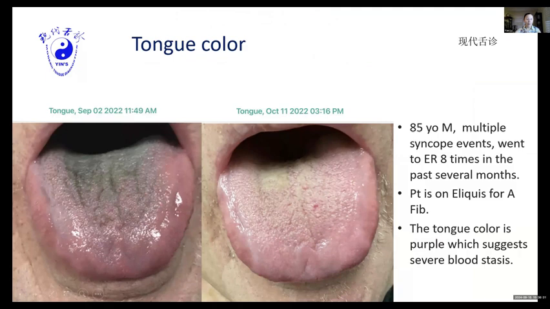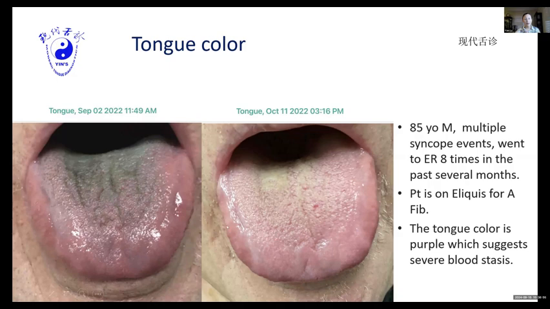So the left side is his first visit, September 2nd. You can see the tongue color is really purplish, like dark. Even the coating is greenish. So from the traditional Chinese medicine point of view, the blood is really stagnated.